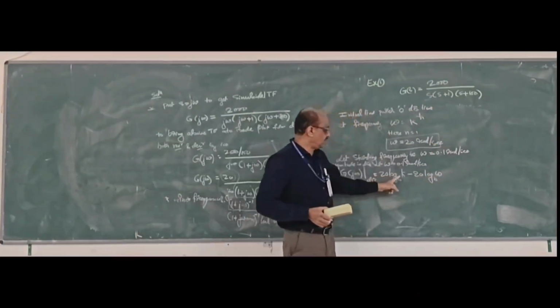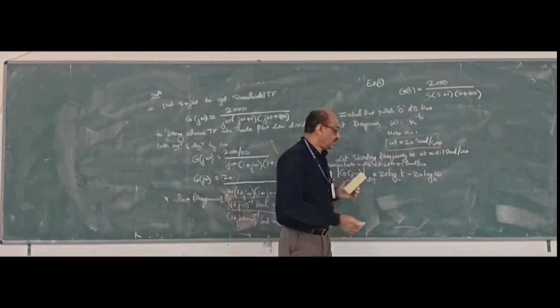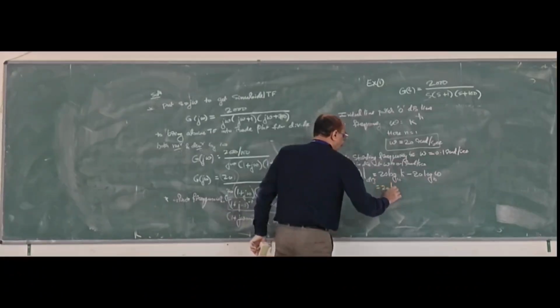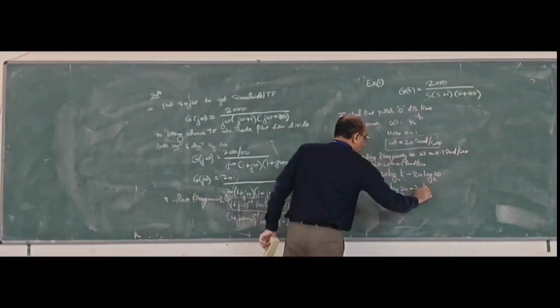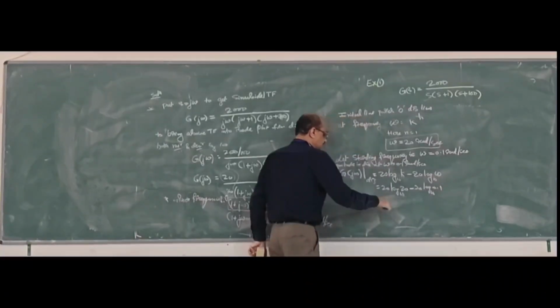Now substitute the values of k and omega and calculate. So k is 20 here: 20 log 20 minus 20 log 0.1.